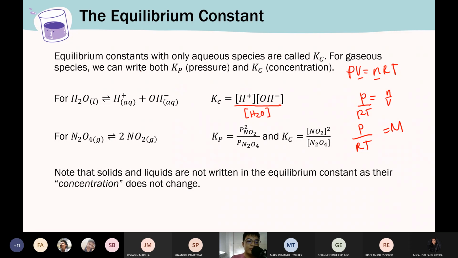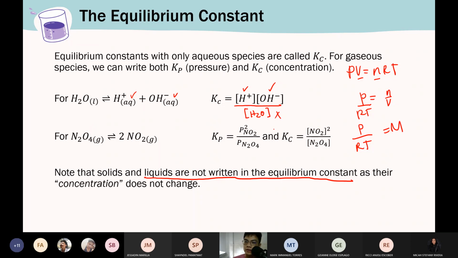However, we have a disclaimer here. So note that the liquids are not written in the equilibrium constant. Okay? Kapag aqueous, isusulat mo siya. So you have your aqueous here. However, if you have a liquid, you should not write it. Hindi mo siya daw isusulat.